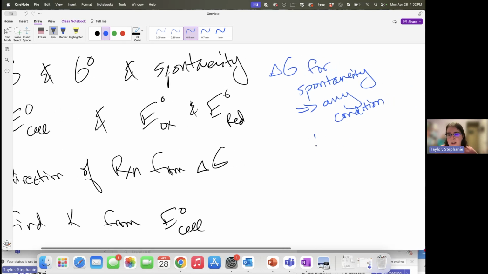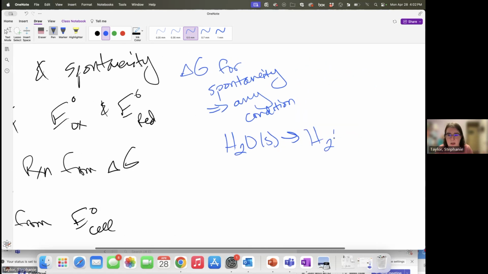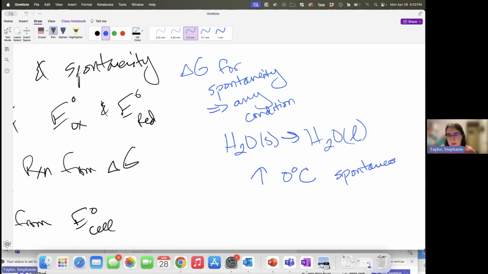Because we are going from water as a solid to water as a liquid, and this is temperature dependent. So when it is above 0 degrees Celsius, then it melts. So it's spontaneous. When it is lower than 0 degrees Celsius, then this is non-spontaneous.